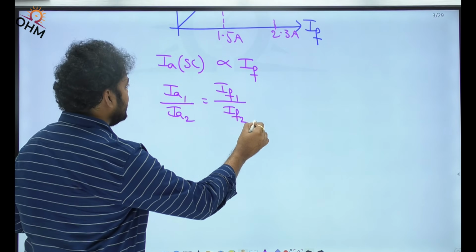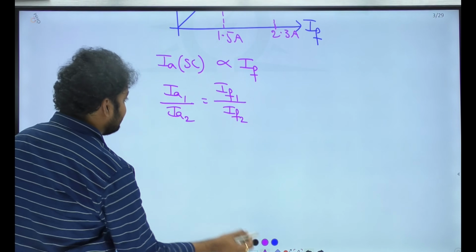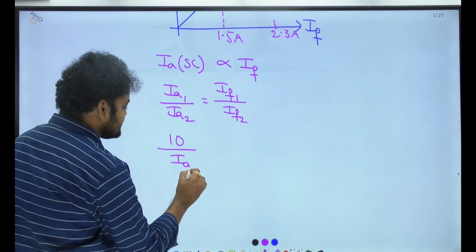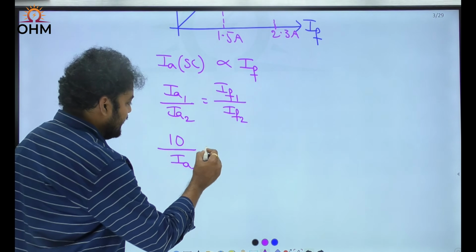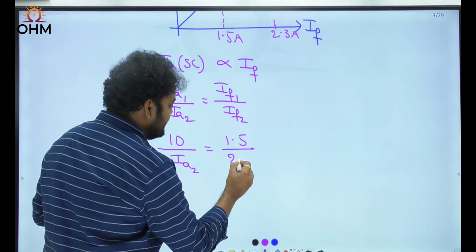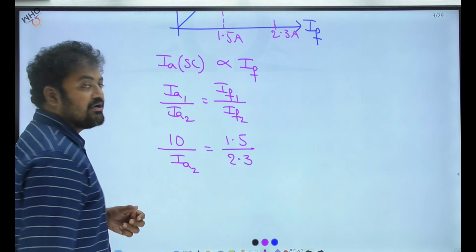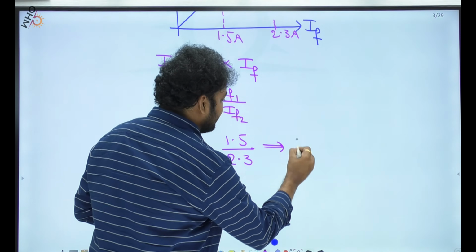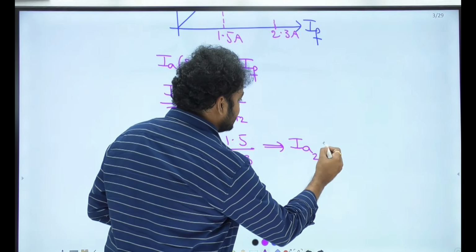Armature current in the first case is 10 ampere. Armature current in the second case is the answer we need. Field current in the first case is 1.5 ampere, and I need the armature current at 2.3 ampere field current. From this you can find the armature current in the second case.